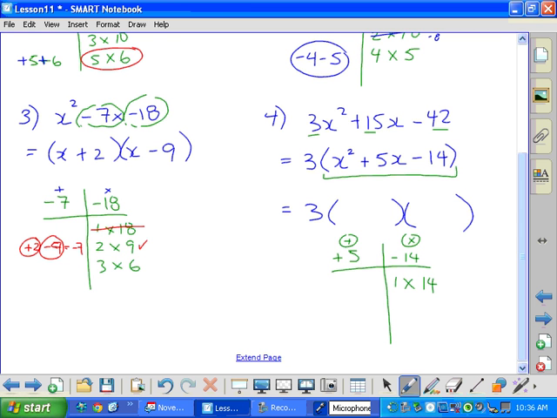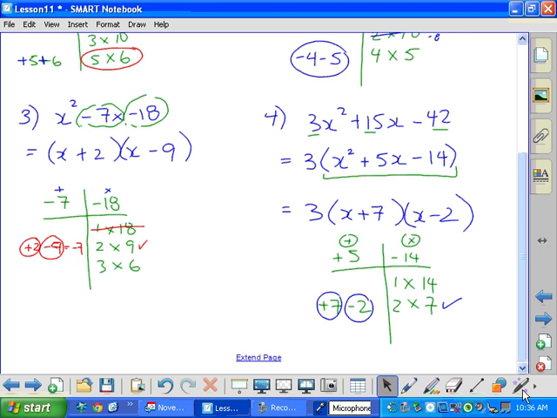Well, let's just do 14. 1 and 14, 2 and 7, 3 doesn't work, 4 doesn't work, 5 doesn't, and so on. So there's only 2 choices. Can I get either of those to add to 5? And it's got to be positive. If I take +7 and I subtract 2, it would definitely work. Here are my signs. So I have x plus 7 and x minus 2.